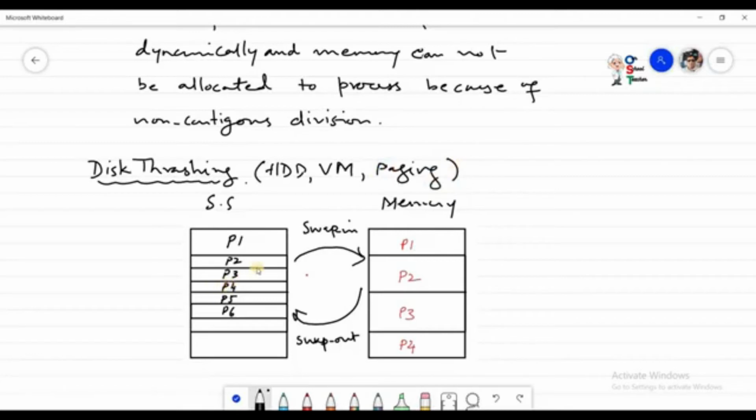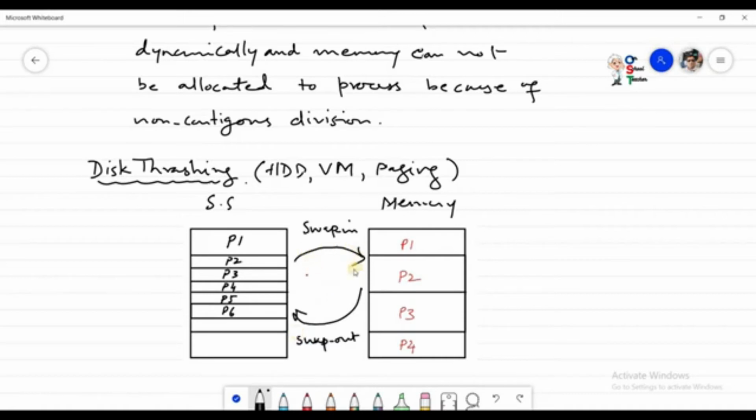So from the hard disk where virtual memory has been made to keep the pages, and in physical memory frames are there where pages are loaded. When a page is loaded, that is called swap in. When a page is taken out, that is called swap out.